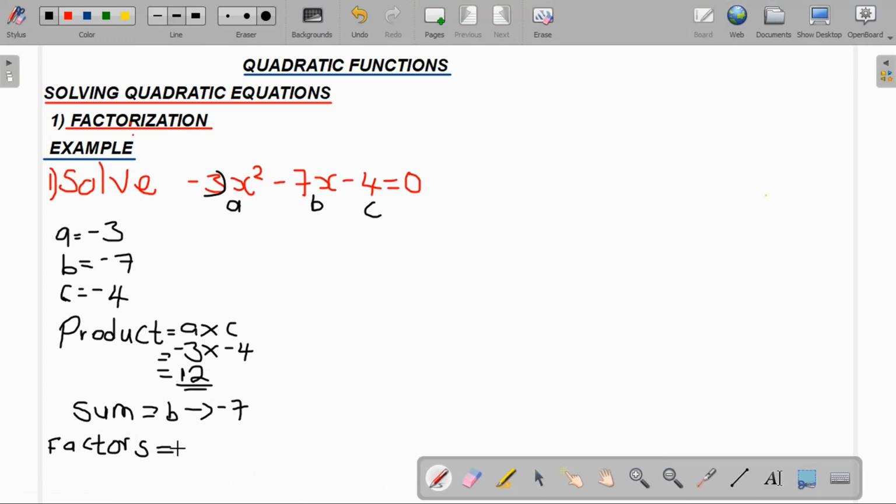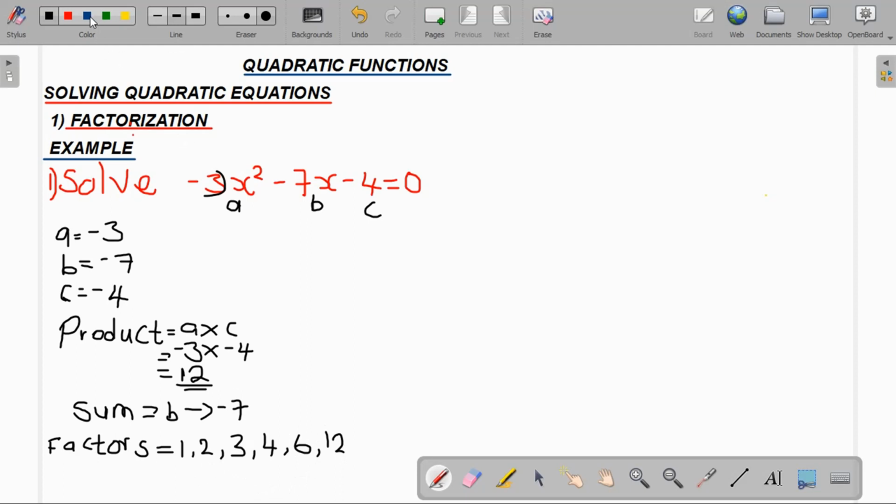So our factors: 1 can go into 12, 2 can go into 12, 3 can go into 12, 4 can go into 12 3 times, 6 can go into 12, and the last one is 12 itself.